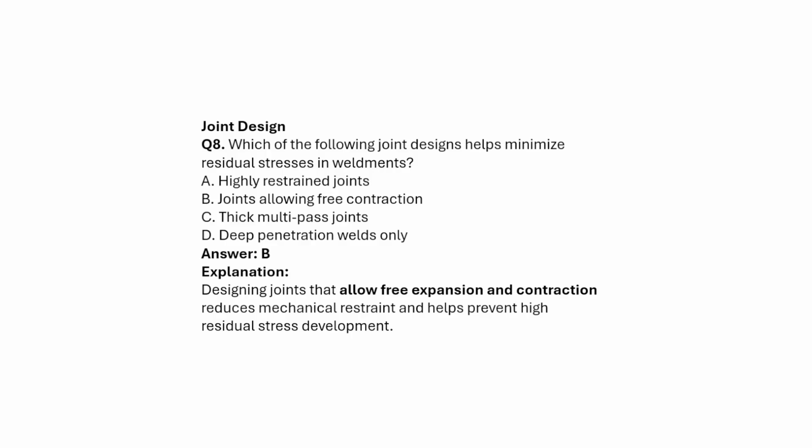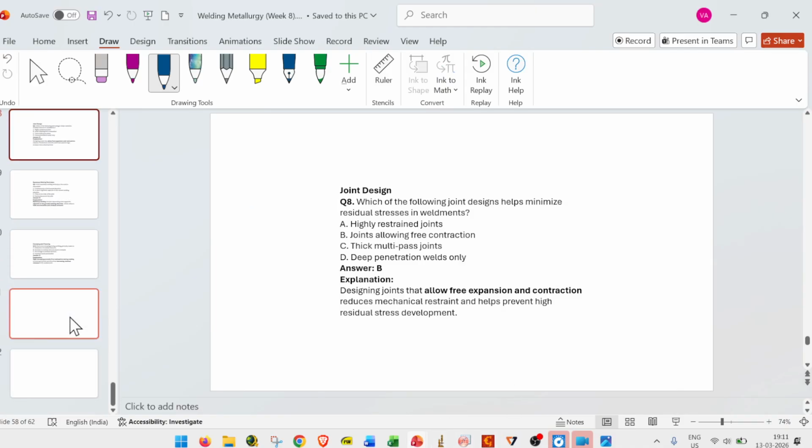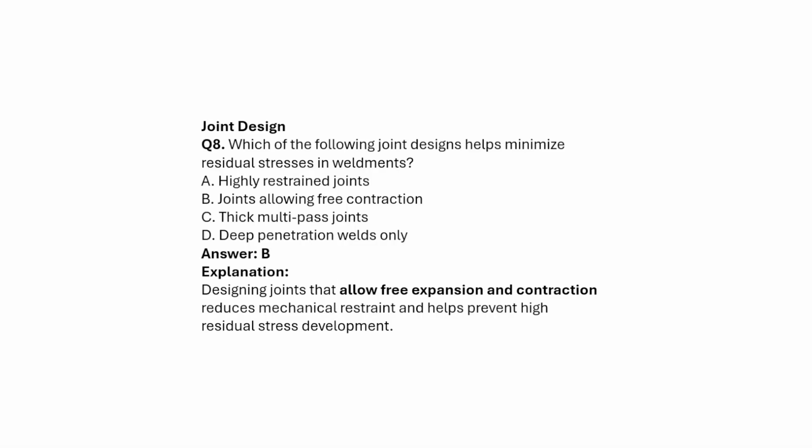Answer A, highly restrained joints. Joints allowing free contraction, and thick multipass joints and deep penetration welds only. Answer will be B, joints allowing free contraction.